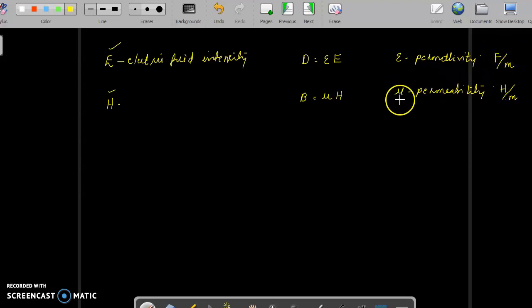Henry is connected with an inductor, whereas permittivity is connected with capacitance C, in Farad per meter. Here mu equals mu naught, the permeability of free space, times the relative permeability of the material.